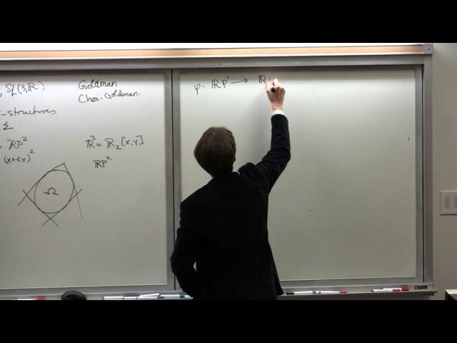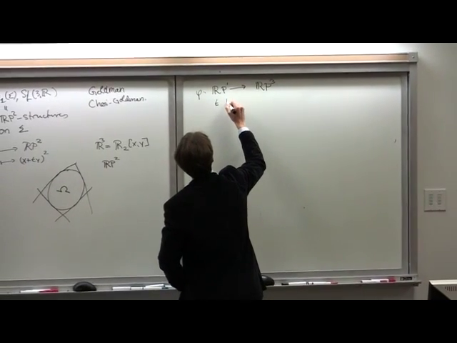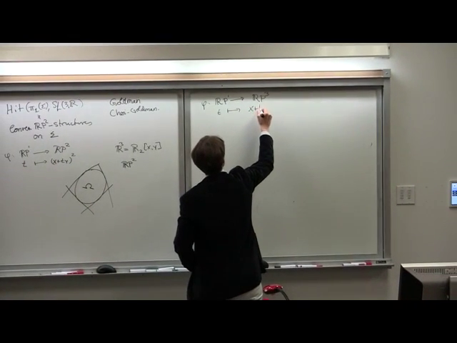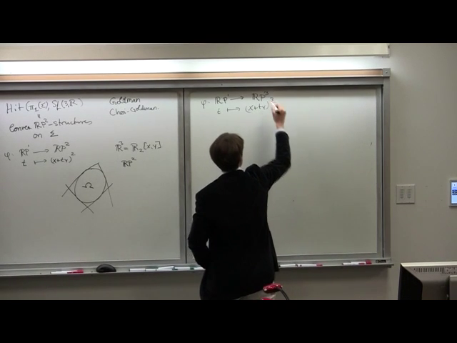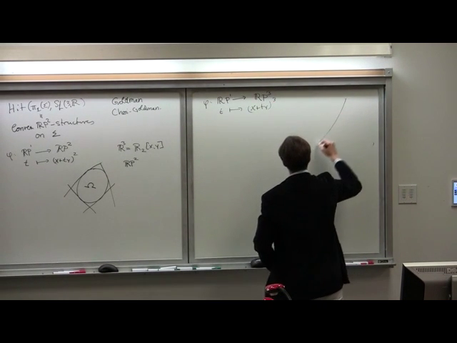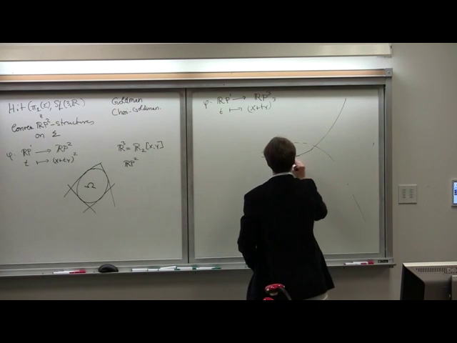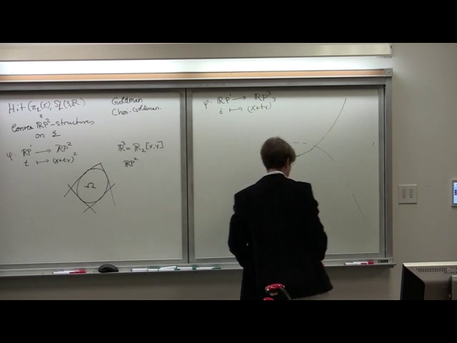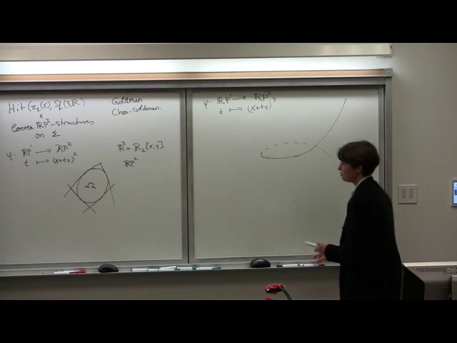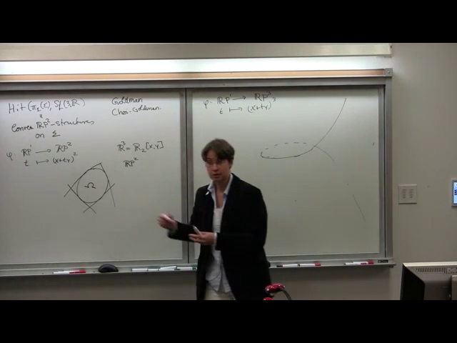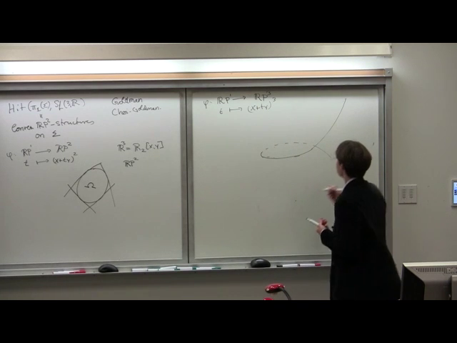Just now it goes into RP3. Take t and you send it to the polynomial x plus ty to the 3. So what you get is a curve which is this twisted cubic, where you have a codimension 2 object. And now you try to do the same thing. You remove all the tangent lines.